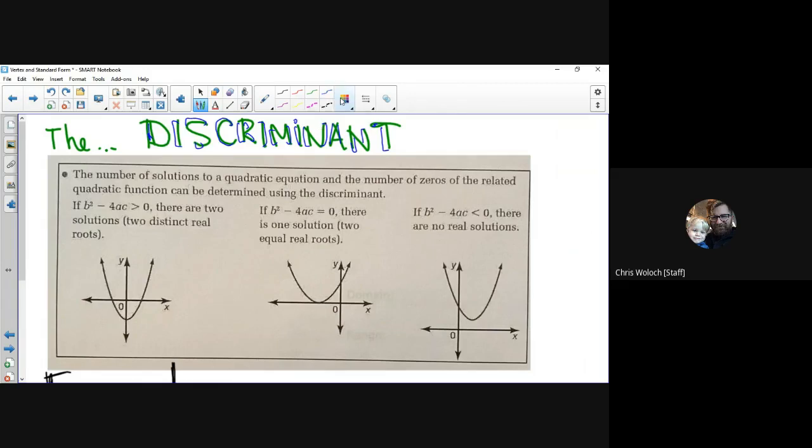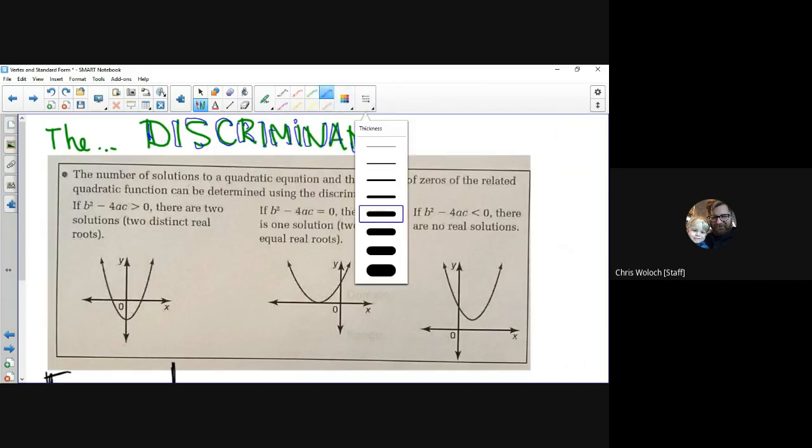So again, the discriminant is a part of the quadratic formula that discriminates between the different quadratic functions. When I say discriminate, I mean that there are three possible solutions for a parabola.